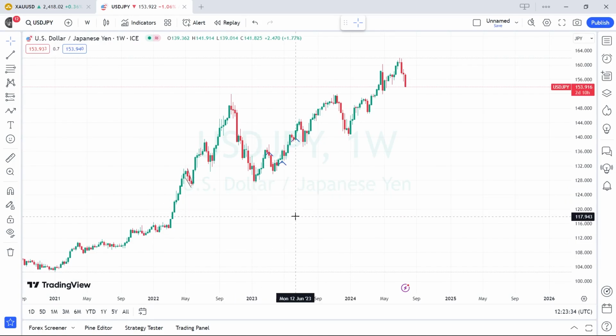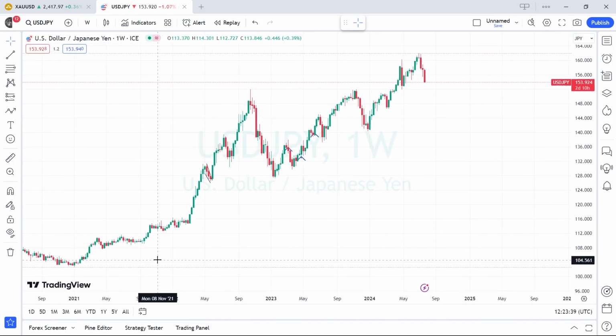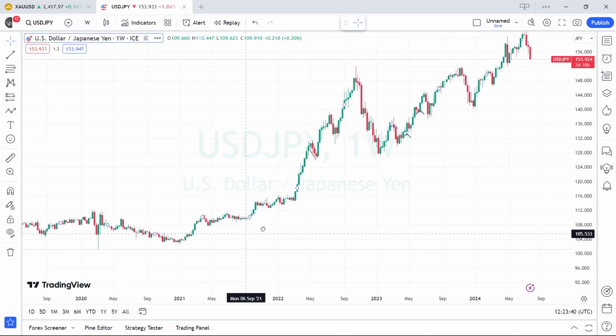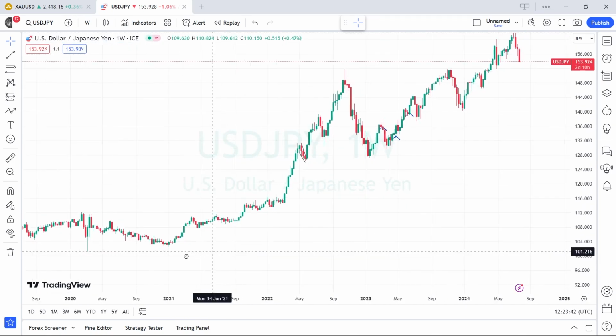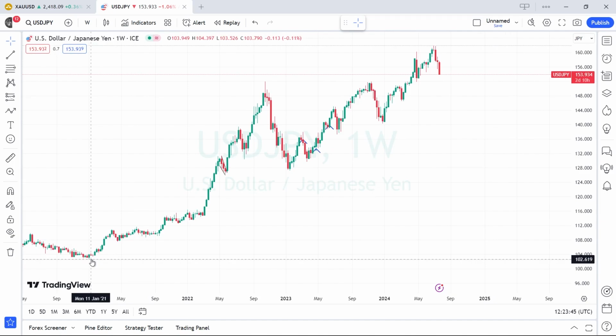Yeah, this is better. I'm looking at the weekly chart, and you can see this actually started in 2021, but from 2021 up to present, this is just very recently, the previous month, the yen has been consistently weakening, except for a phase here. The yen has been consistently weakening against the dollar because of the difference in the interest rate alone.